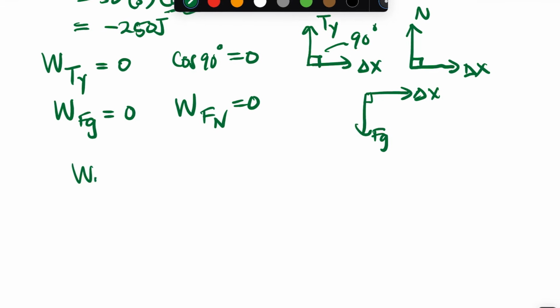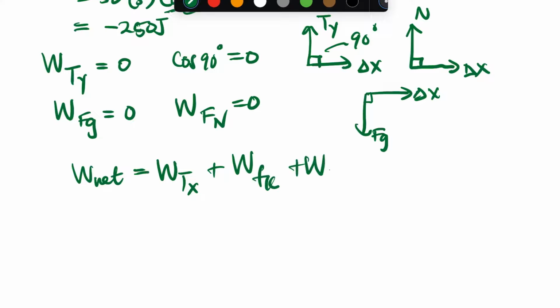Now let's do the sum of the work done: the work done by the tension force horizontally, the frictional force, the gravitational force, the normal force, and the tension force vertically.